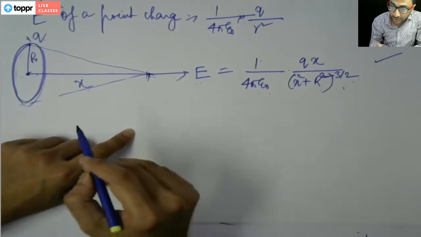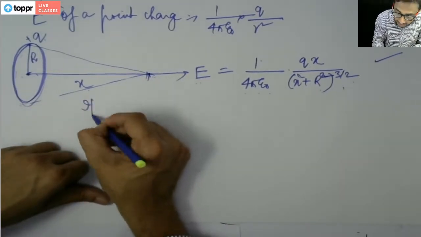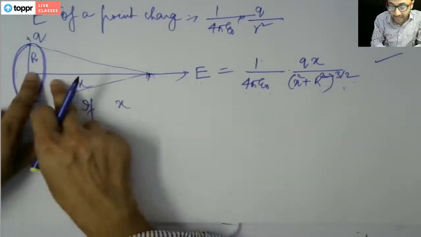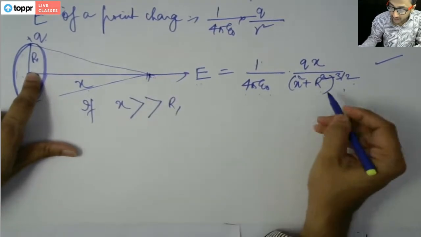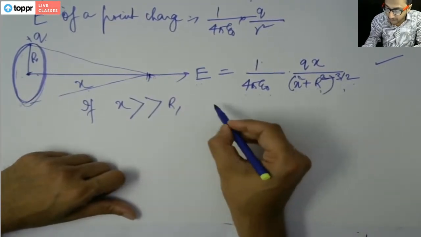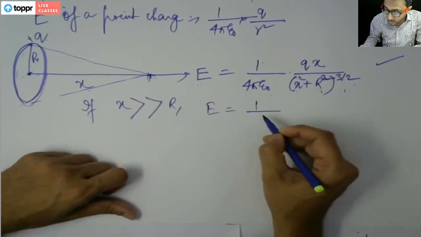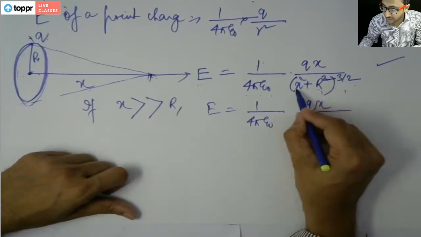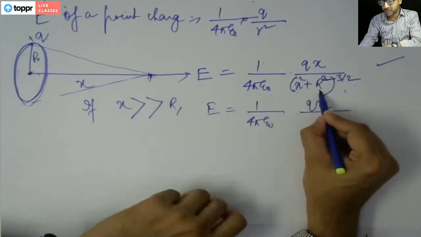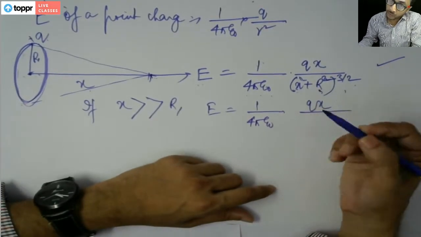See, very interestingly, if this x distance is much greater than r, then what happens? E becomes 1 by 4 pi epsilon 0 Qx. X square is much greater than r square, so r square you can ignore.